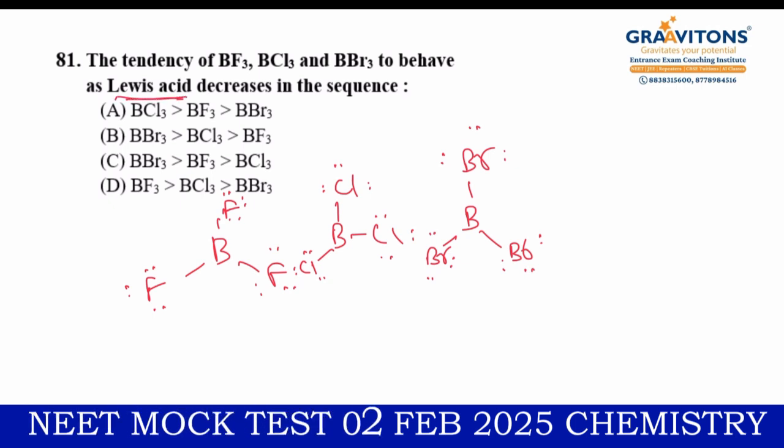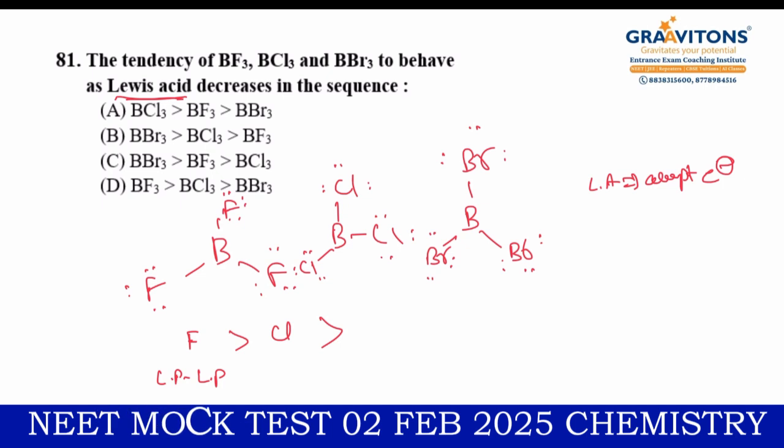Lewis acid is an acid which accepts electrons, isn't it? So what is a Lewis acid? Those which accept electrons will be the strong Lewis acids. Here fluorine feels lone pair repulsion to a greater extent because of its smaller size, which makes this boron less available to gain electrons. Whereas when you go for chlorine, it is a little bit lower.